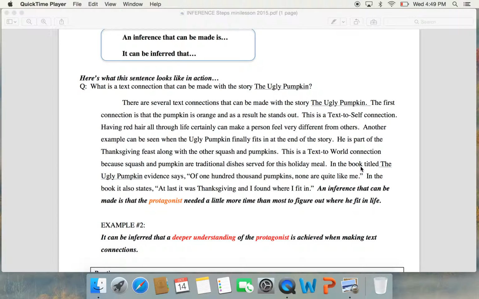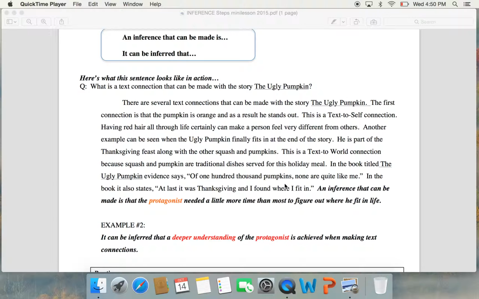Then I had my first citing evidence sentence here, in the book titled The Ugly Pumpkin, evidence says, and I supported my first argument with my first text evidence. My second text evidence sentence was a way for me to support my second argument here, the text-to-world. So I've got my answer and my two pieces of evidence supporting my answers.